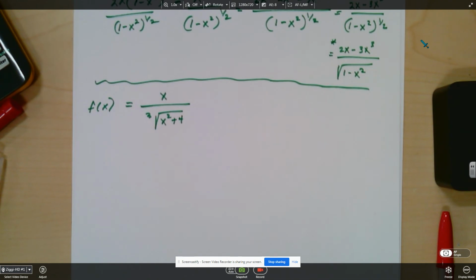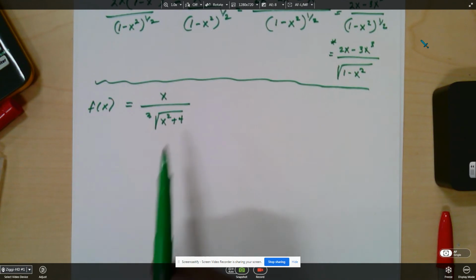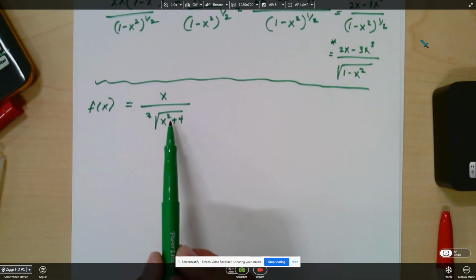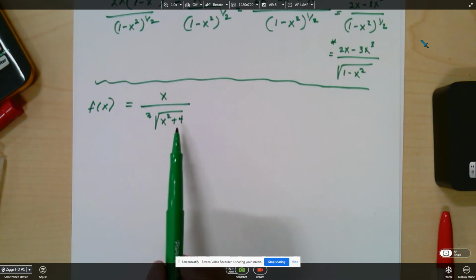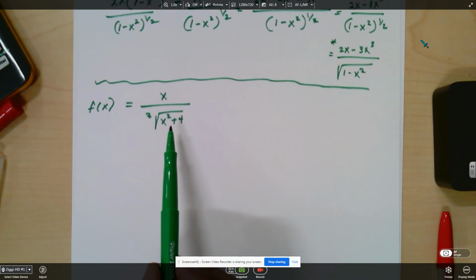Okay, so first thing is to realize it's a quotient rule, but the d low is a composite function. So a chain rule must be done when you do the composite of the d low.